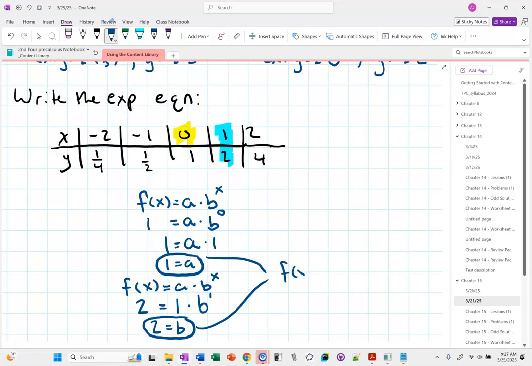So putting those two together, my equation is f of x equals 1 times 2 to the x, or just 2 to the x, since 1 times anything is still itself, not 1. Come on, Mr. Kulik. That's very wrong.